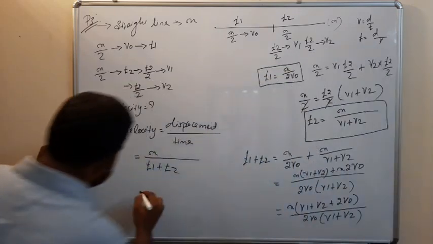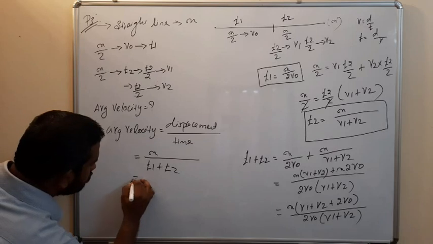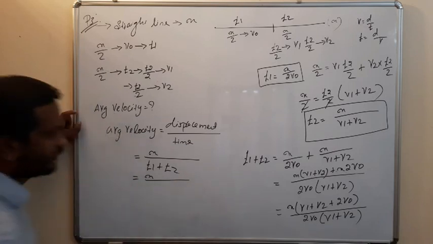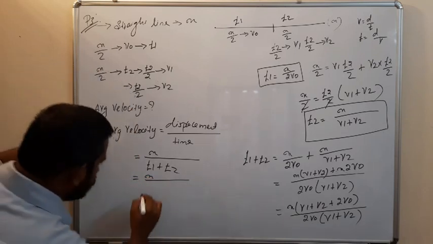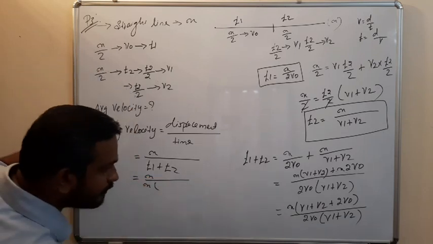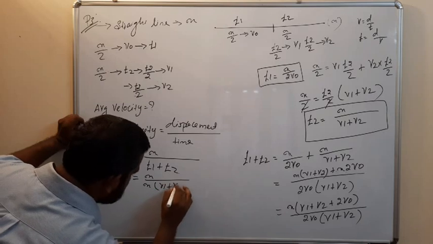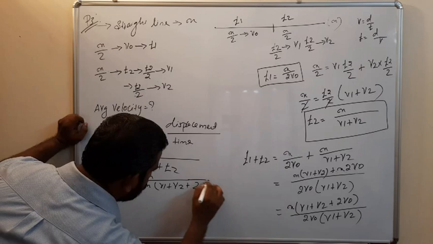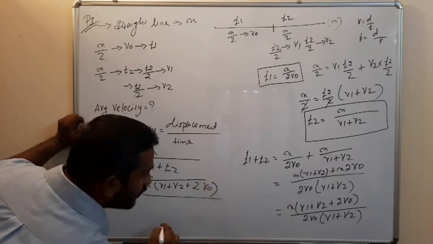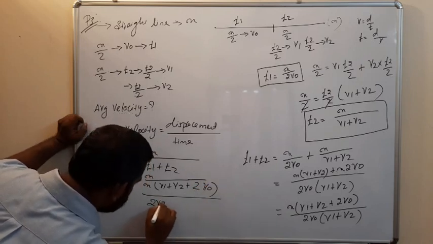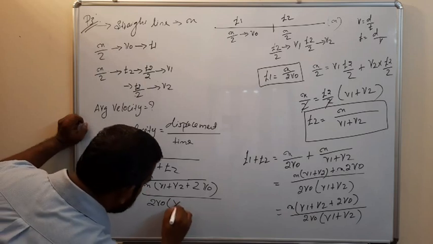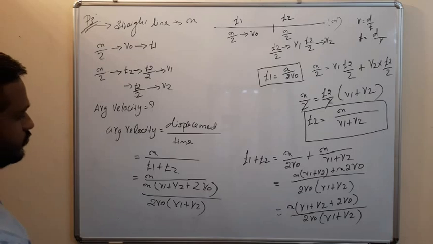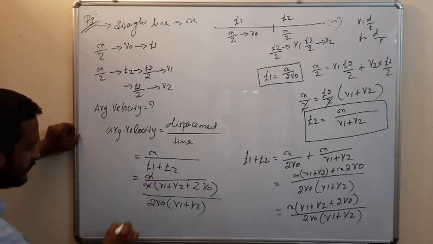Substituting, average velocity is equal to x divided by t1 plus t2, that is x divided by x into v1 plus v2 plus 2v0 over 2v0 into v1 plus v2. The x cancels.